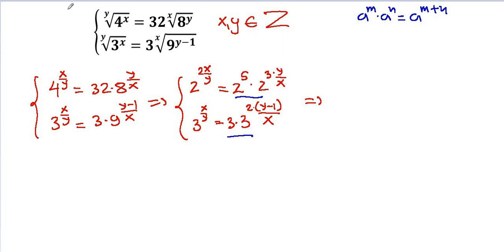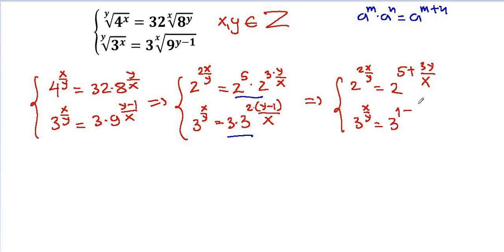Then we'll get from the first equation 2 to the power of 2x over y is equal to 2 to the power of 5 plus 3y over x. And from the second equation 3 to the power of x over y is equal to 3 to the power of 1 plus 2 times y minus 1 divided by x.